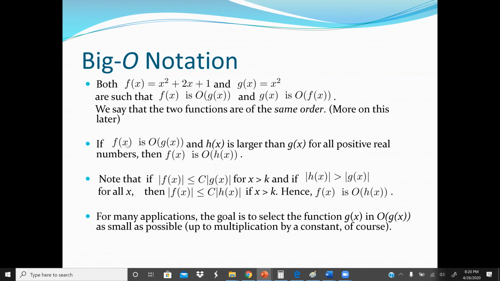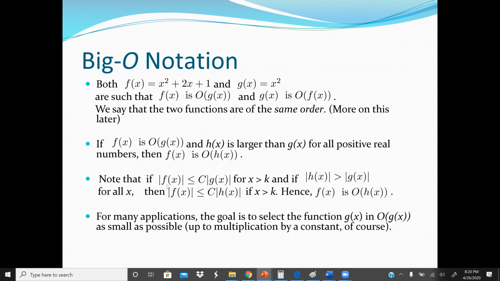Now, if F at X is big O of G at X and H at X is larger than G at X for all positive real numbers, then we can say that F at X is big O of H at X. Because here we say F at X is big O of G at X, and H at X is larger than G at X for all positive real numbers.